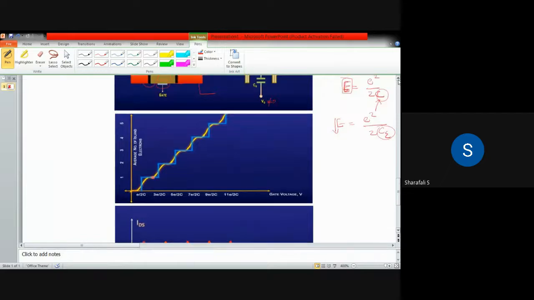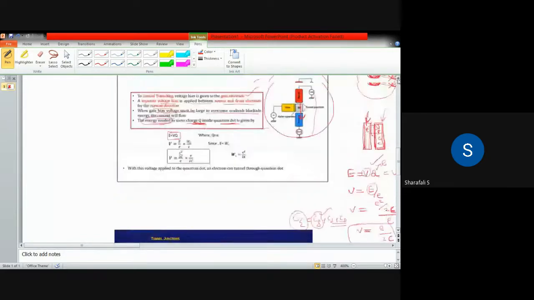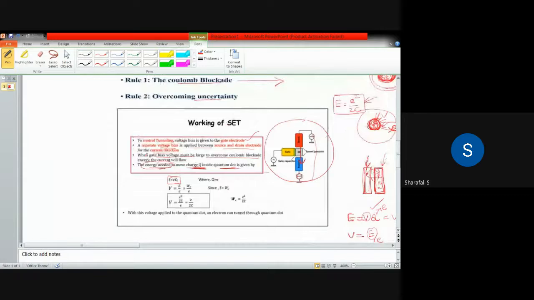So again, we will discuss these 3 points. As you can see here, a separate voltage bias is applied between source and drain electrode for the current direction. The gate bias voltage must be larger to overcome the Coulomb blockade energy, then the current will flow.